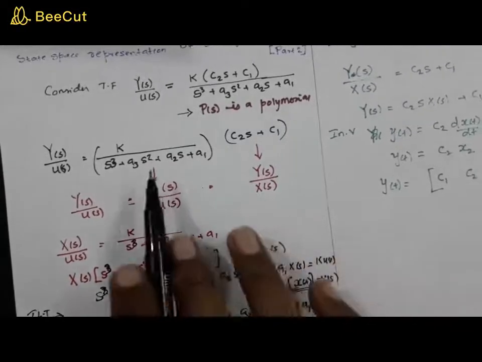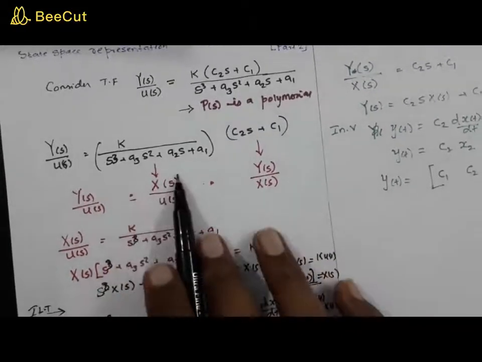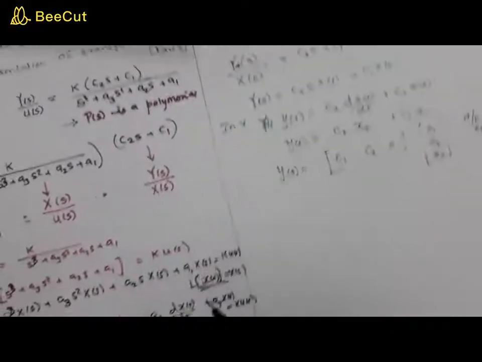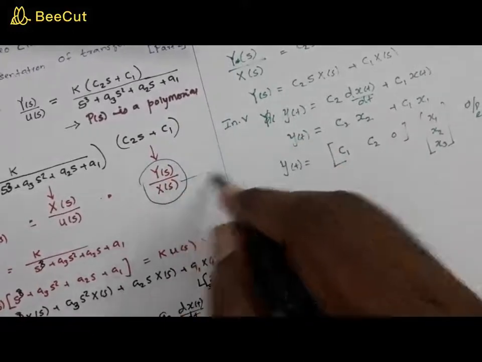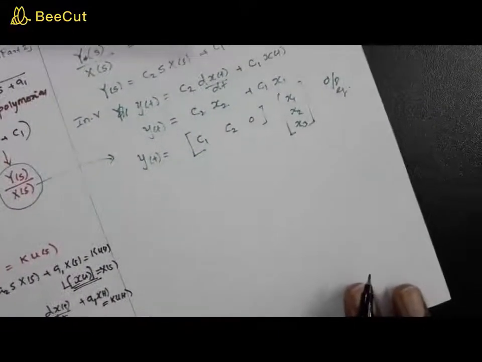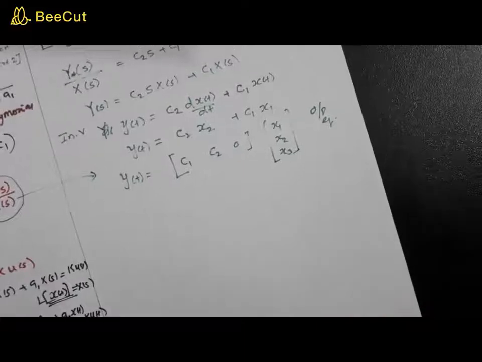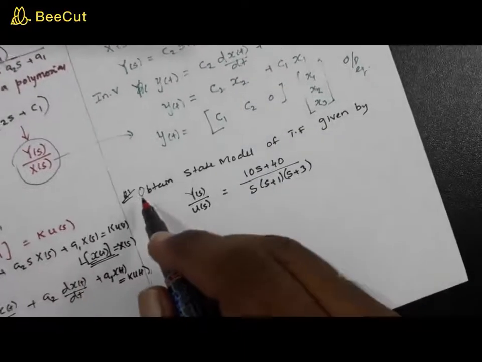So from x of s to u of s, you will be getting the state equation as we have seen here, while from the second polynomial, that is from y of s to x of s, you will be getting the output equation. Okay, hope things are clear. Okay, now let's do a question.